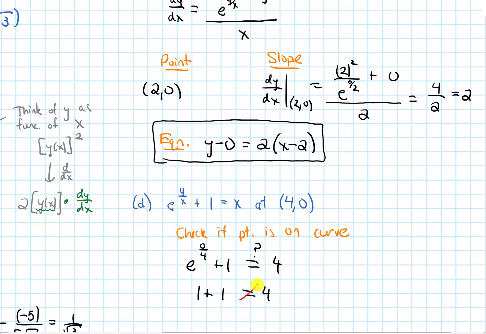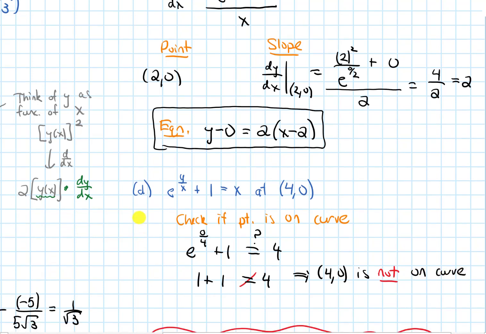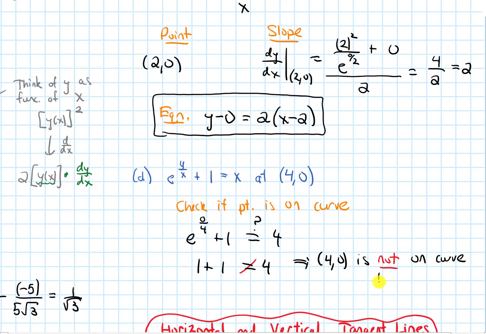Well, no, because the left-hand side is going to be 2. So our point here, (4, 0), is not on the curve. And if it's not on the curve, there's no such tangent line.